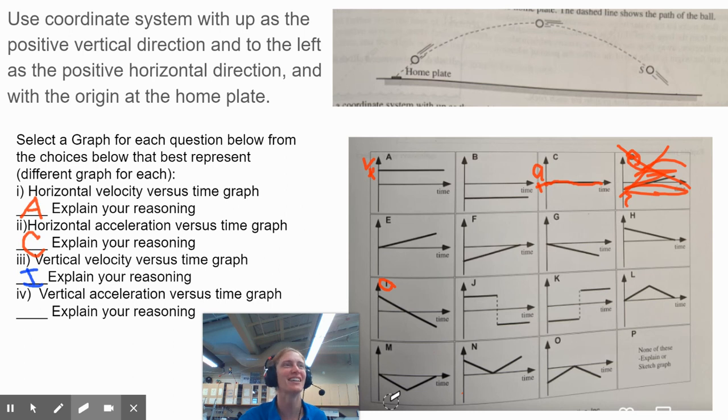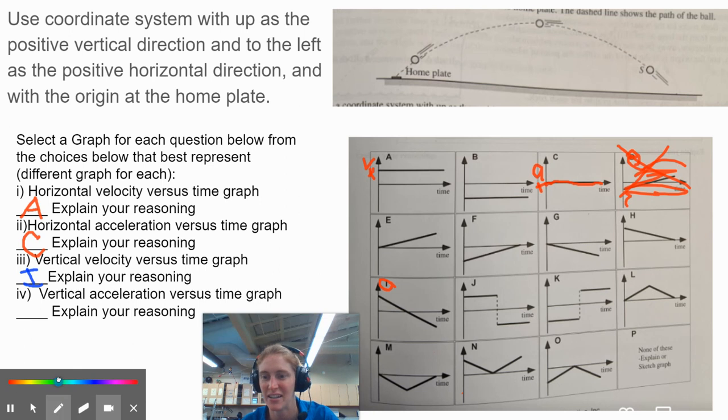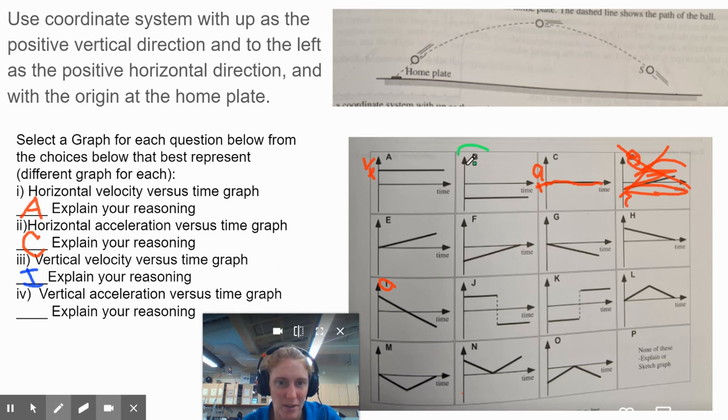We have B and N. All right, so we have B and N as our 2 guesses. So let's take a look. How do you know what acceleration is using a velocity versus time graph? The slope.